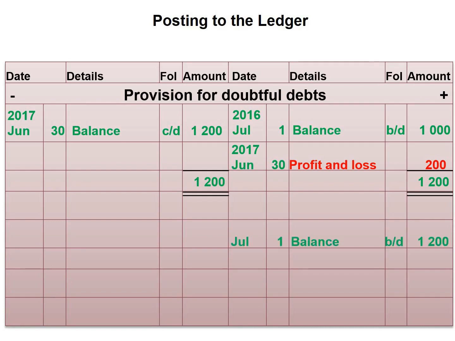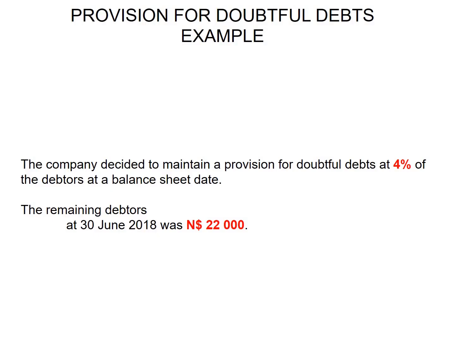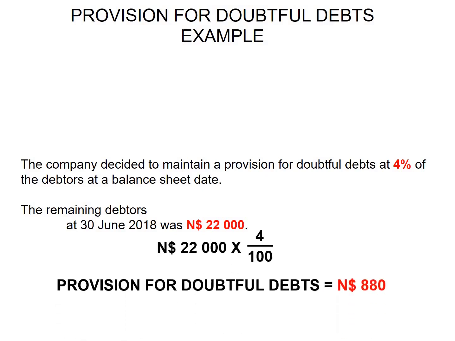Now for our second year, that's 2018, we need to take 4% of 22,000 this time, and 4% of 22,000 will be 880. So 880 should be our ending balance.